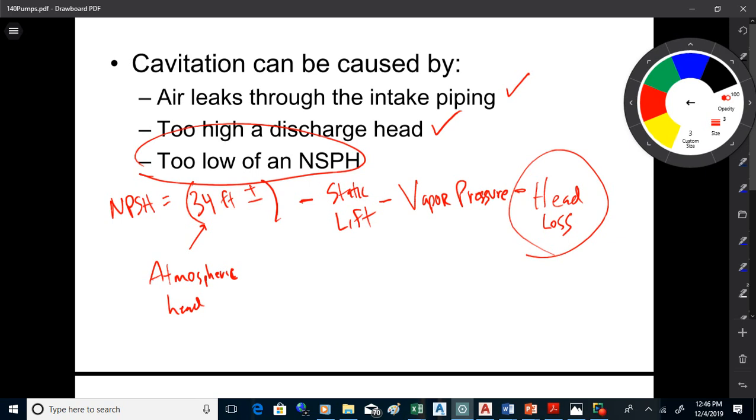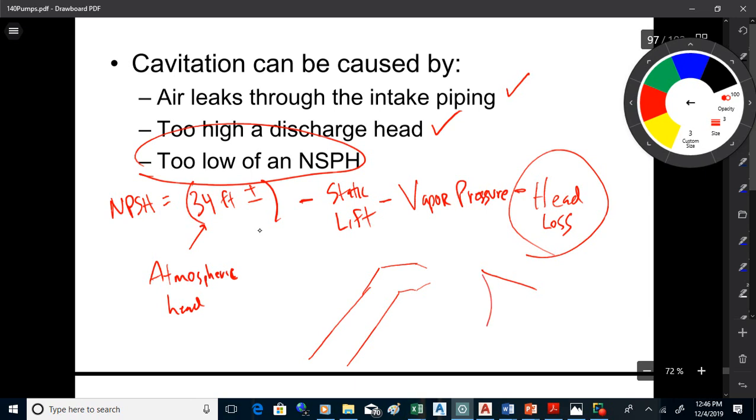Now, the one thing on those reducers, though, the intake piping can be oversized, and then you have to put a little bit of a reducer in there. There's actually a special type of reducer called an eccentric reducer. You don't want a reducer of the kind where it steps down like this, because you get air bubbles up in there. When the dissolved oxygen comes out of the water, which it will, it'll rise and collect in that little cavity, and that's trouble.